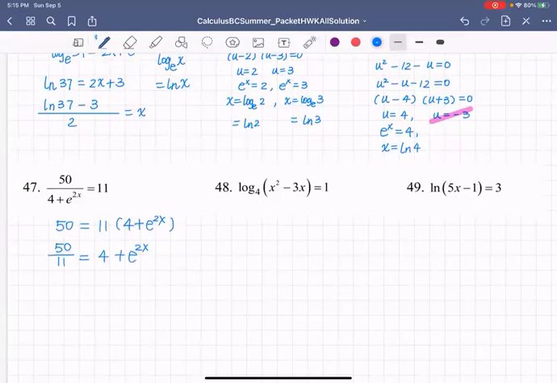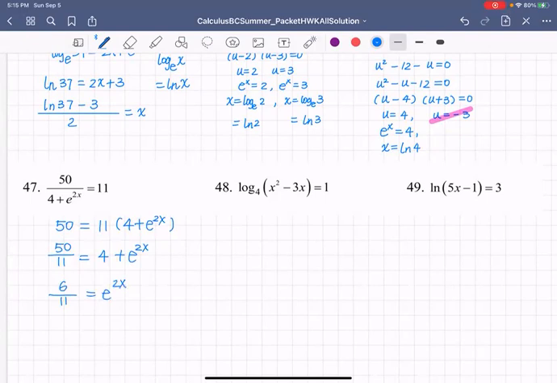One more step. And then subtract the 4. So then it becomes 6/11 is equal to e to the power of 2x. Okay, one more step.